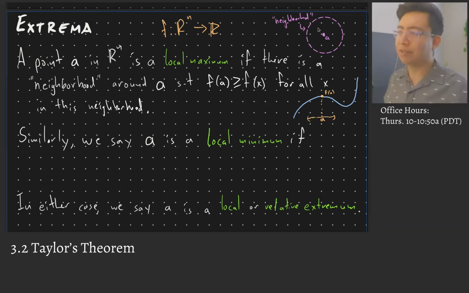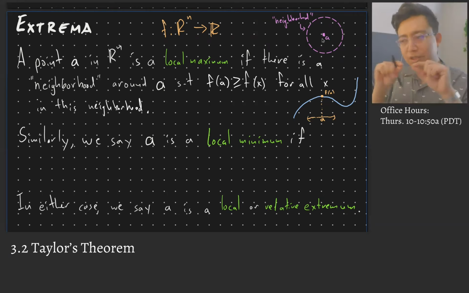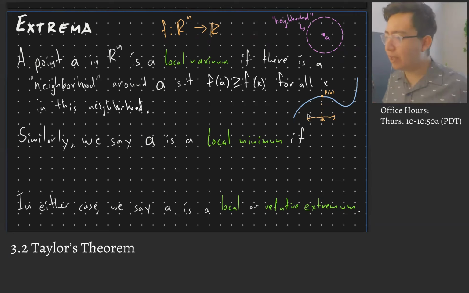A one-dimensional neighborhood is just a little interval around A, whereas a two-dimensional neighborhood looks like a disk. Then if we just look around here, f of A is definitely bigger than everything inside of here. So somewhere over here would be f of x.